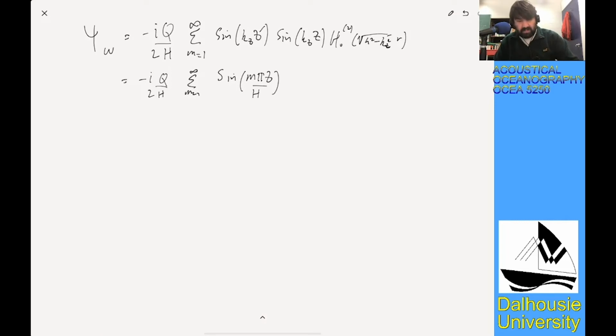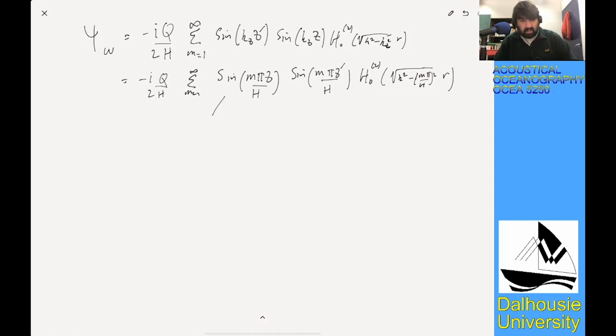That's our first term. Our second term is going to be sine m pi z prime over h. And our third term is going to be this Hankel function, in range, of the square root of k minus m pi over h squared times r. Okay? So what are each of these terms?